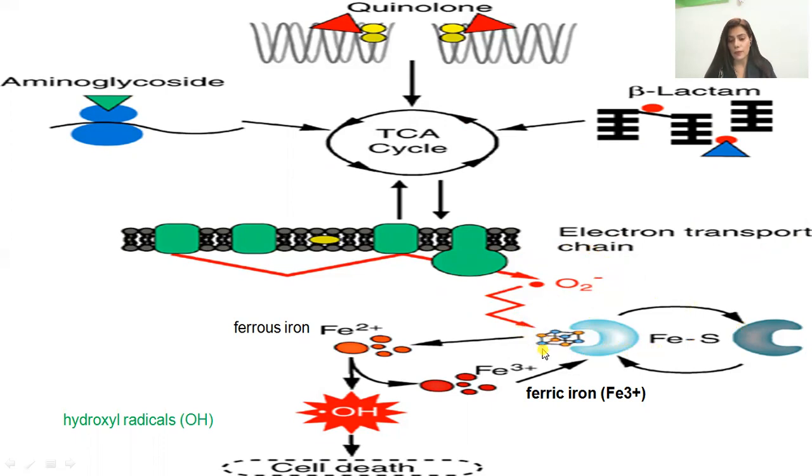When this is destroyed, there will be release of ferrous ions, and this ferrous ion will result in production of hydroxyl radicals, which will result in cell death. Additionally, this also releases the ferric ion, which produces a positive feedback effect and further destroys the iron sulfur cluster. As a result, in the whole, there will be the death of the bacteria.